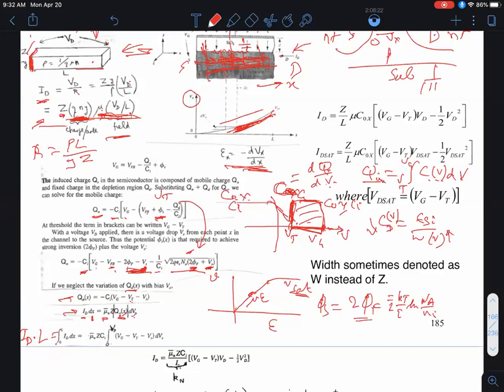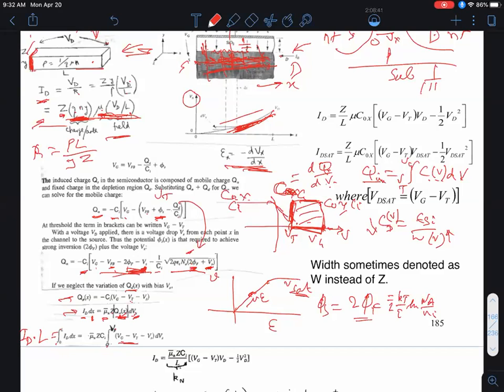On the right-hand side, you have to integrate with respect to Vx, the channel potential, between 0, which is the grounded source, to Vd, which is the drain potential. You have to integrate the stuff in the brackets over here, right? So that's Vg minus Vt minus Vx. Now, what do I get if we integrate that?